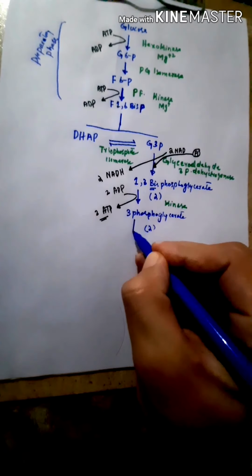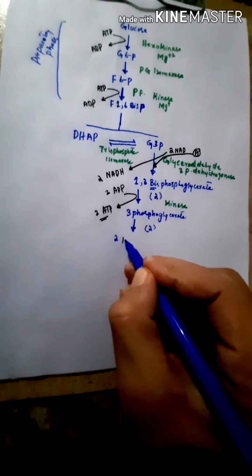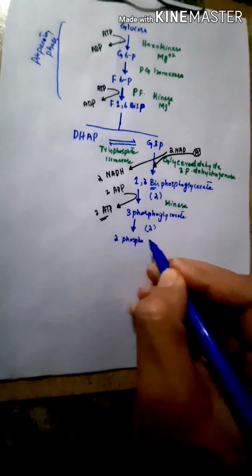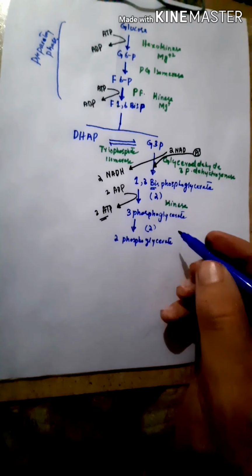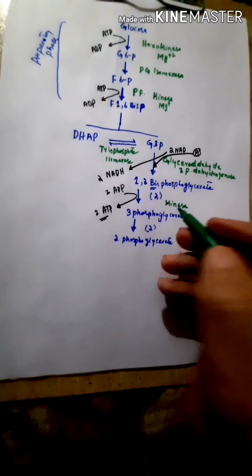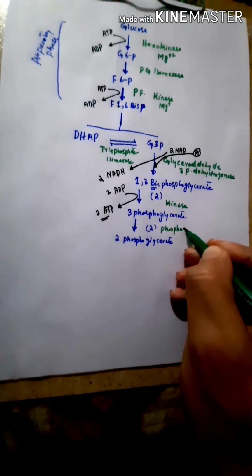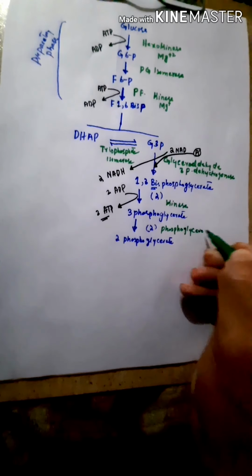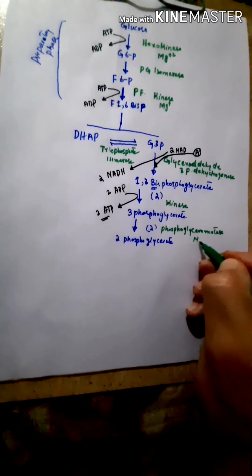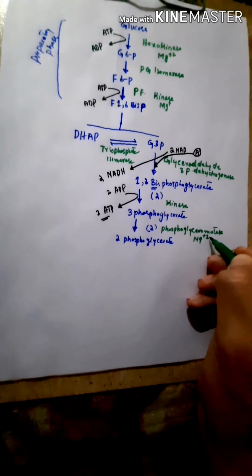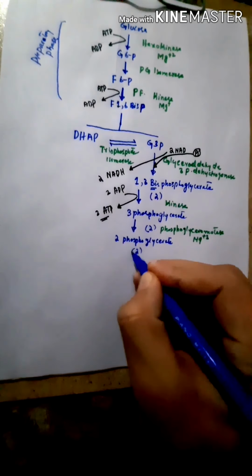Now this 3-phosphoglycerate molecule is converted into 2-phosphoglycerate in the presence of an enzyme known as phosphoglyceromutase. It works in the presence of magnesium ions. Now these are actually 2 molecules.